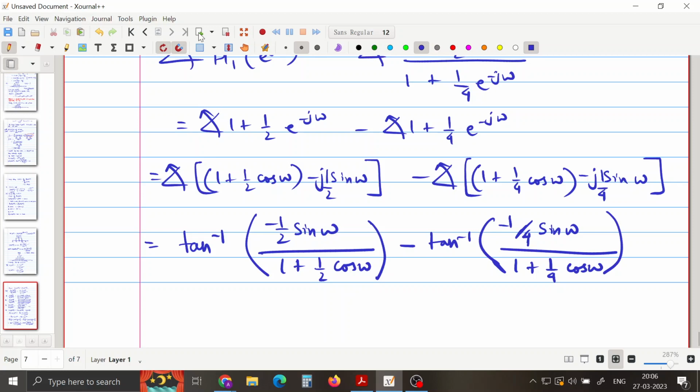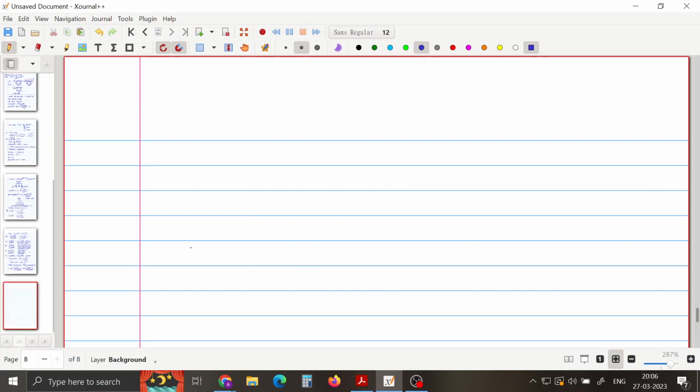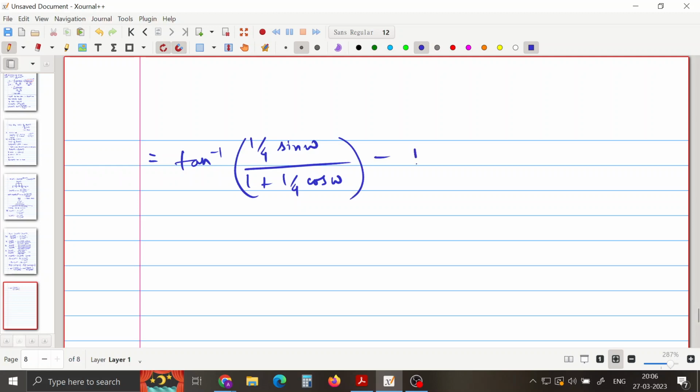So you get tan inverse 1/4 sin omega by 1 plus 1/4 cos omega minus tan inverse half sin omega.